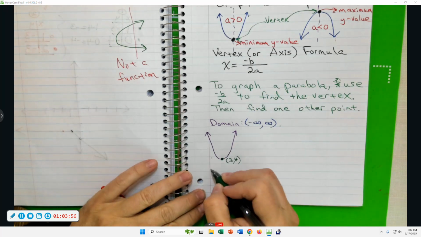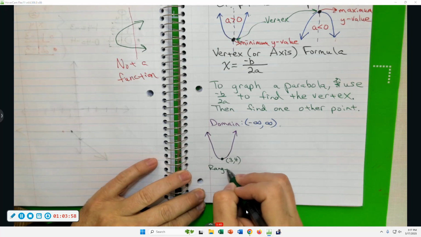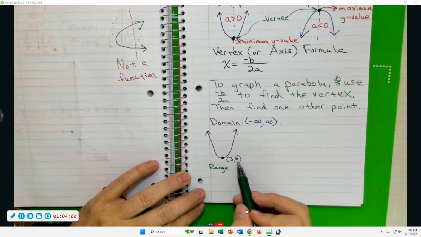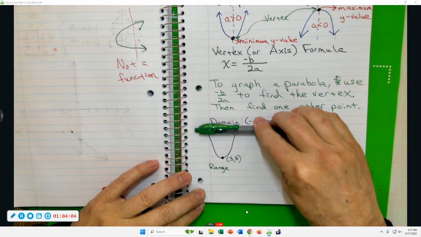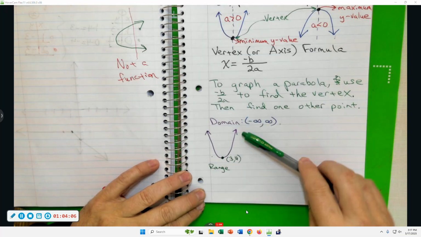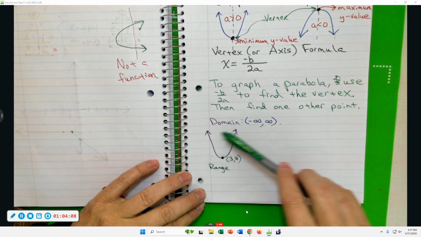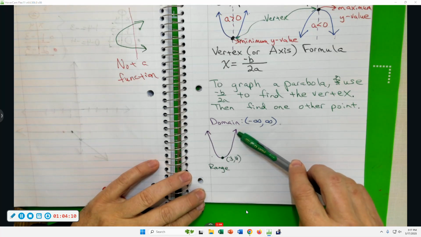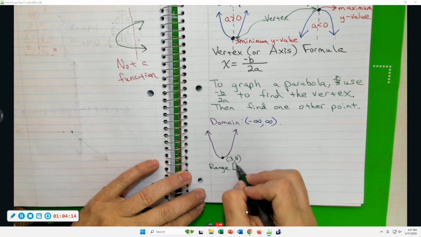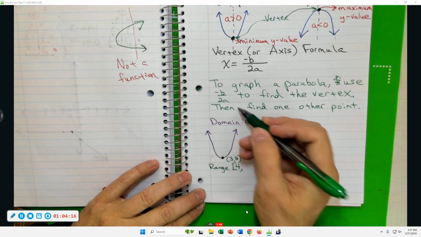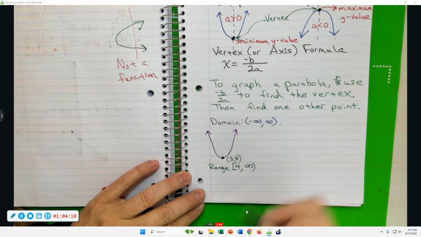That means the range starts at 4. And what about the y? Does it keep going up and up forever? Those arrows there, if it's a parabola and it's opening upward, the smallest y value would be 4. But there isn't a biggest y value. It just keeps going up forever.